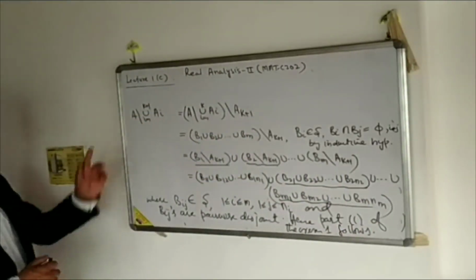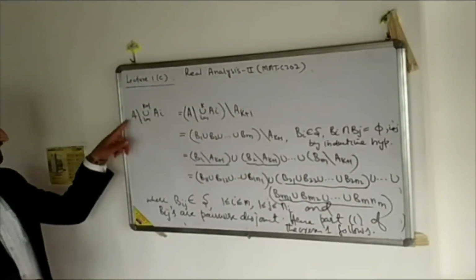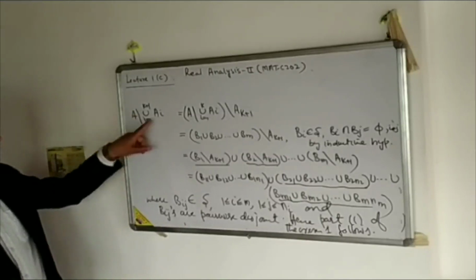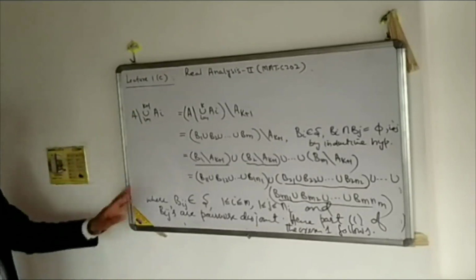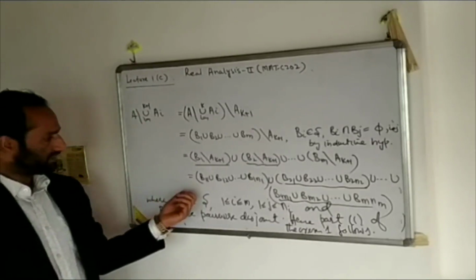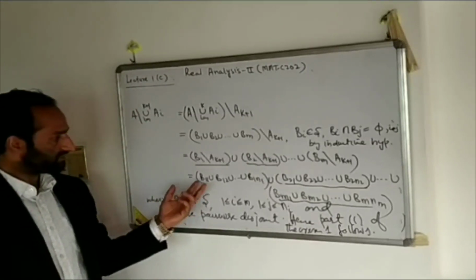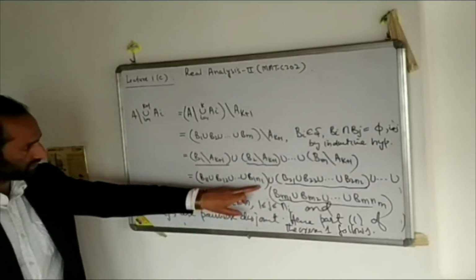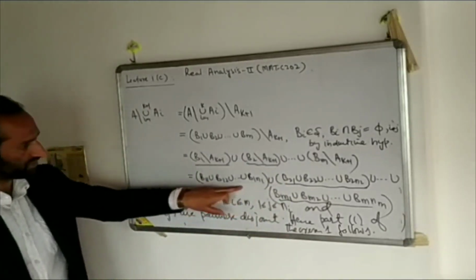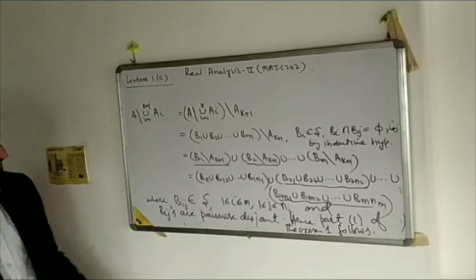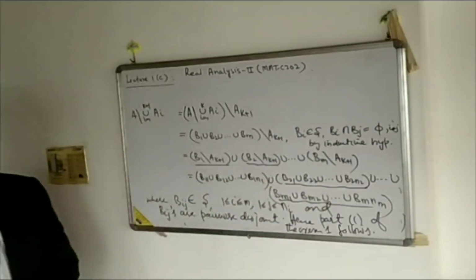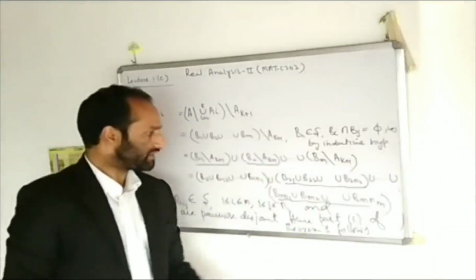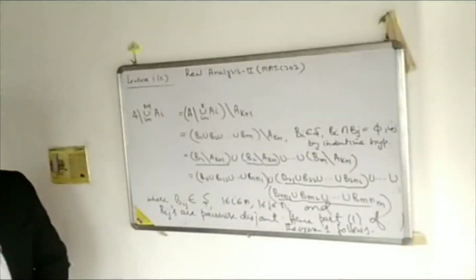Hence this difference, A minus union i runs from 1 to k plus 1 of A_i, can be written as a finite union of members of S. The members of the first union are pairwise disjoint, members of the second union are also pairwise disjoint, and members of the mth union are also pairwise disjoint.